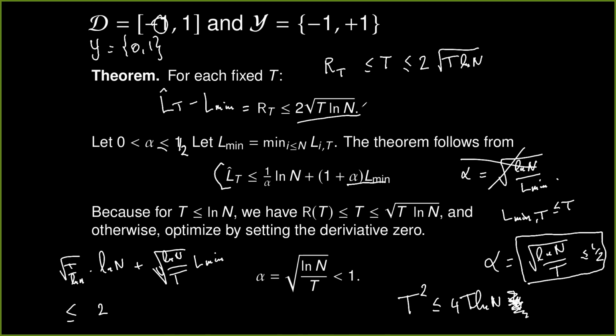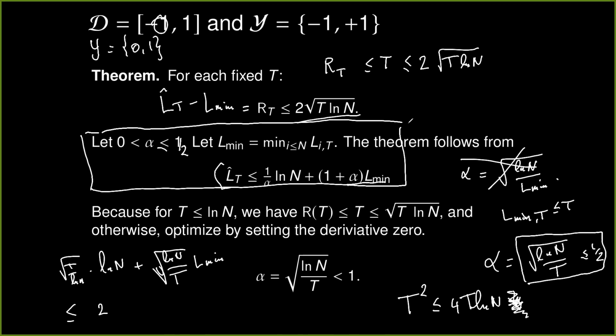So that's precisely what we need. So then we are also happy. In both cases, for big T and small t, we achieve this bound once we can prove this. Okay, so that's our task now.